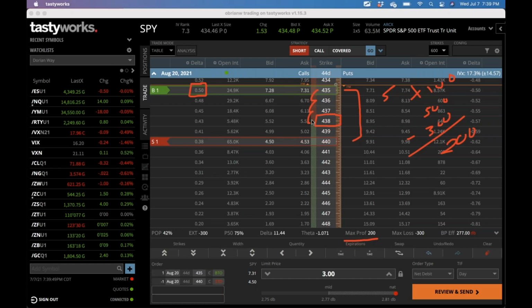So what is the probability of hitting 438? Bam, right there. 43%, right? But if it hits the 43%, that's just break even. You have to be a little bit past 438, or at least 1 cent past it, to be able to win, right? So TastyWorks is basically telling you this is a probability at expiration of 42%.